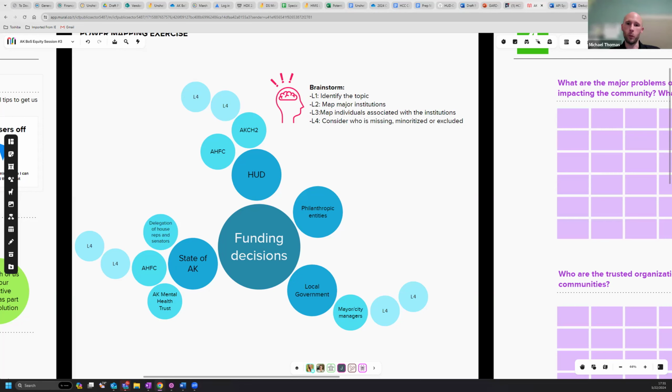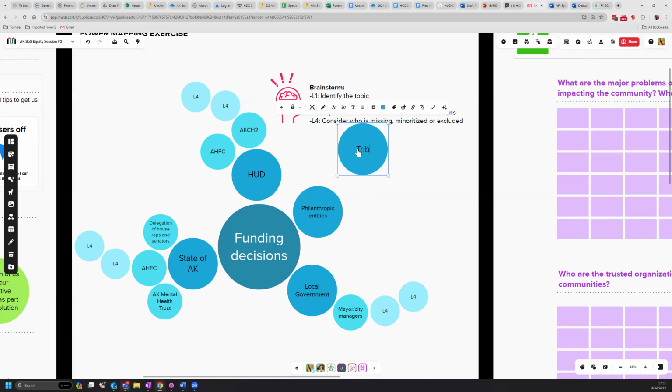And it's not necessarily one person, it's probably multiple people, or depending on your voters. Maybe not just local government, but we add tribal local government. Tribal funding entities' decisions would be almost separate. Yeah, they would be separate.